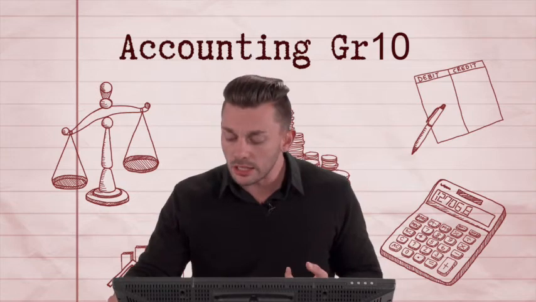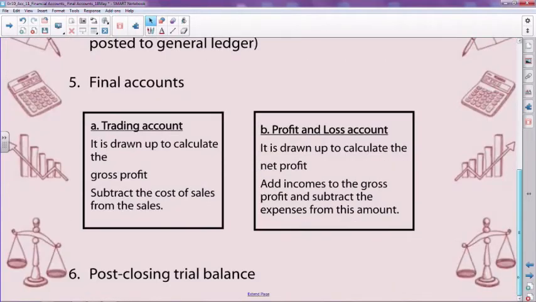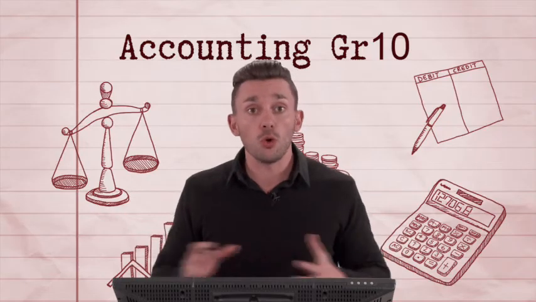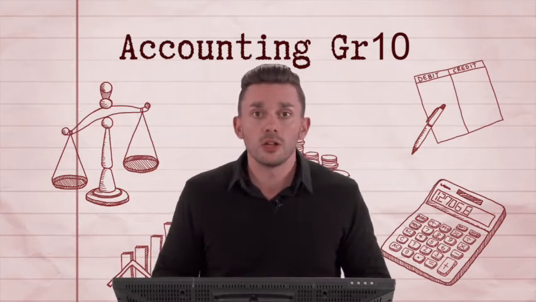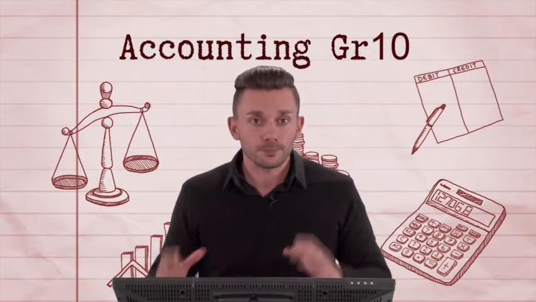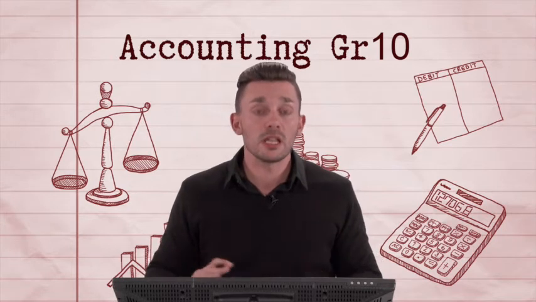And then lastly, one thing that we didn't look at yet is your post-closing trial balance, and that is after you closed off the nominal section. If we closed off all the nominals, will we have a nominal section left? No. So at the end of the year, we will calculate the profit: net profit, gross profit, operating profit, all those things.